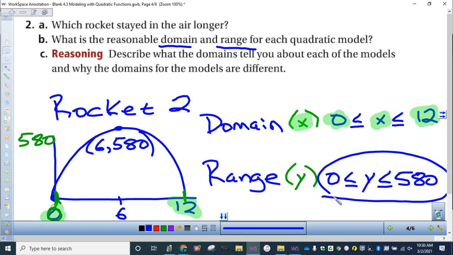Like if I were throwing a baseball, I throw it here, my hand, I'm 5'6", my hand is maybe 6 feet in the air, so we would have the +6. 6 right here, and this 6, so how long does it take to hit the ground? 12 seconds.